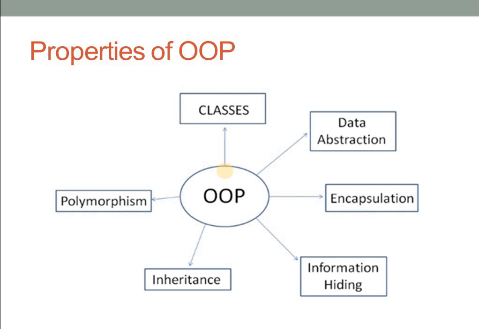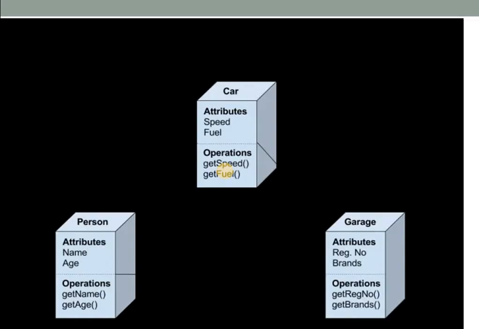If I use the plus operator between two strings, it will do concatenation. So one single operator is behaving in different ways when we apply it in different contexts. That is what we mean by polymorphism. So these are the important properties of object-oriented programming language.